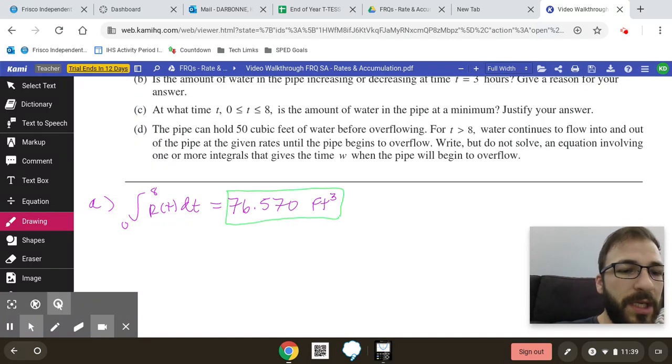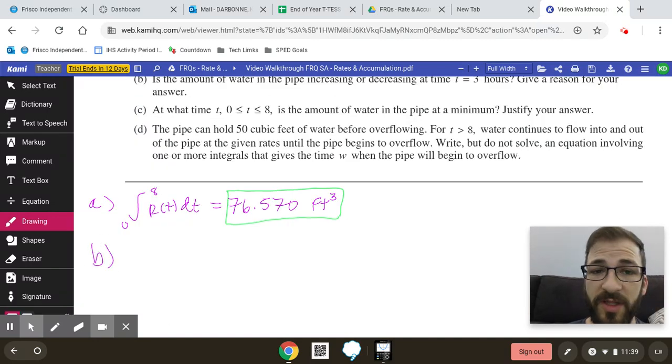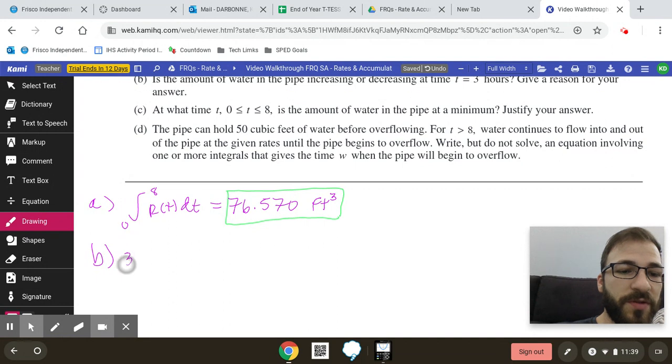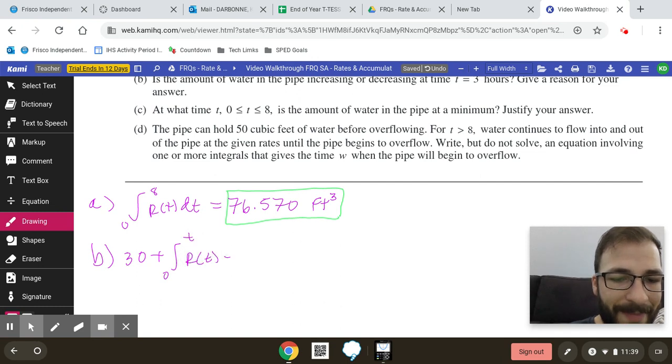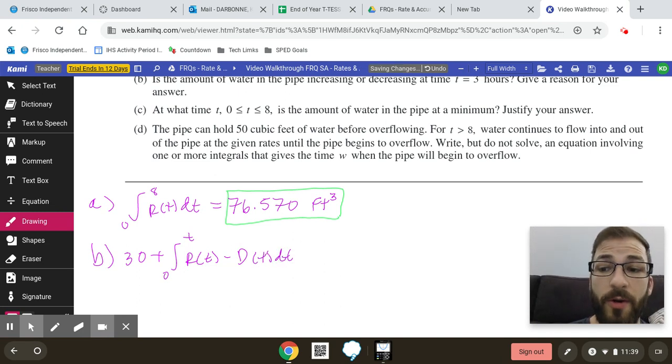So for part B, this is going to be the first time of our mega equation for this one: 30 plus the integral from 0 to t of R of t minus D of t dt. So that R of t minus D of t is rainwater going in minus rainwater that's draining.